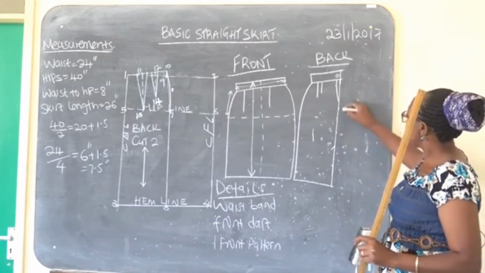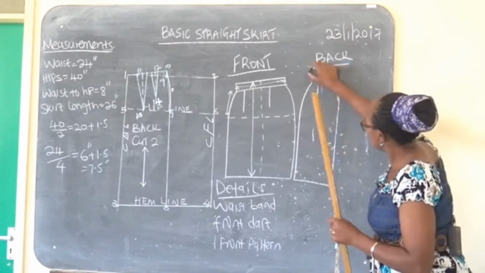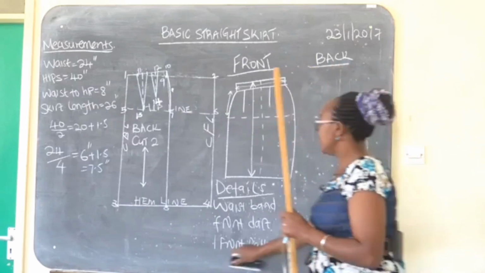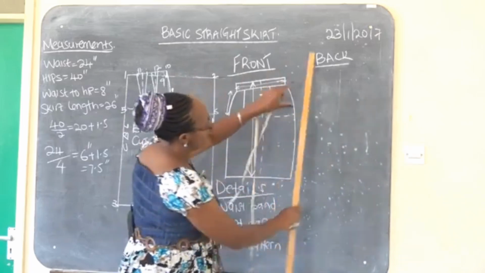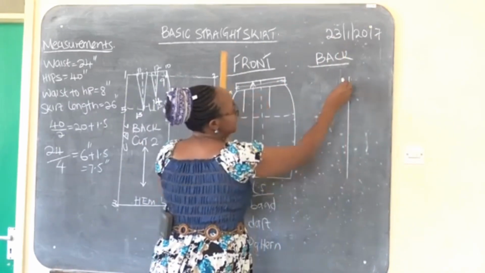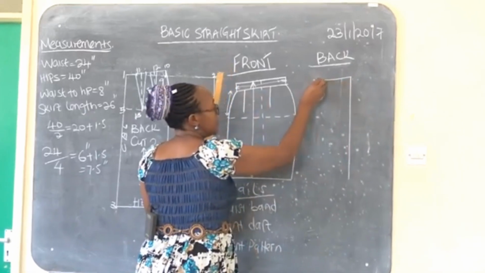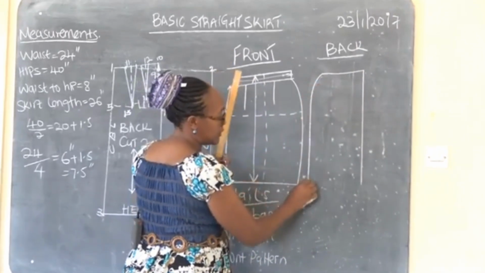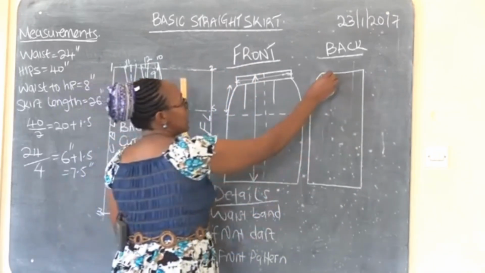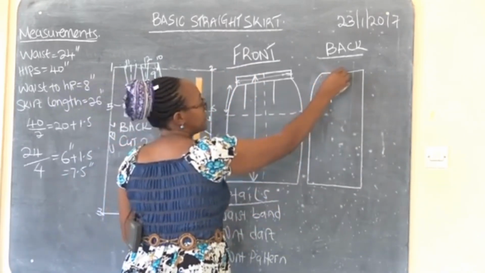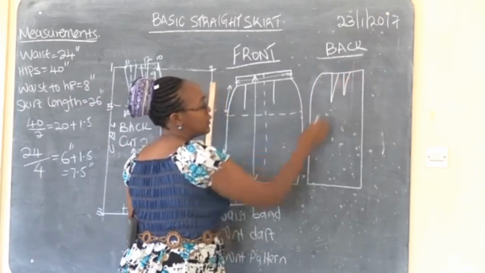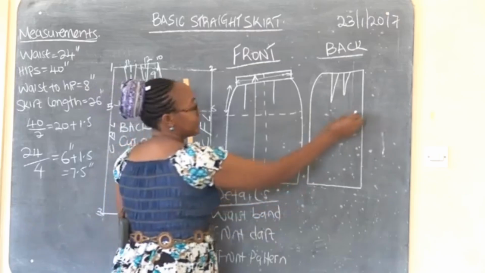So I will indicate from my pattern, which is complete, from this complete back pattern with 2 darts, that this is your center back.